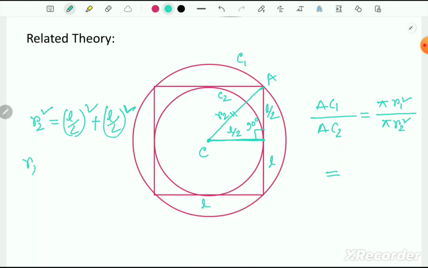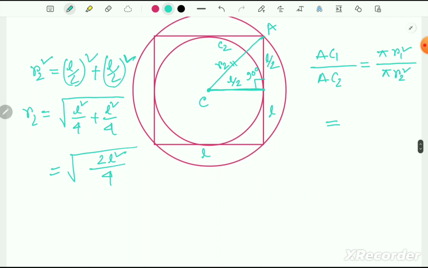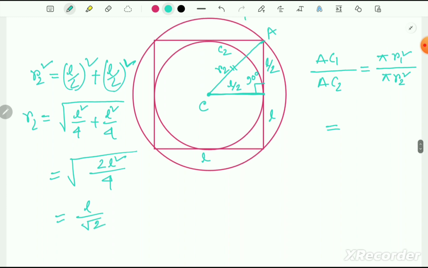Therefore R1 equal to square root of L square by 4 plus L square by 4. Then it gives us 2L square by 4, then we can write L by root 2. This is the value of R1.